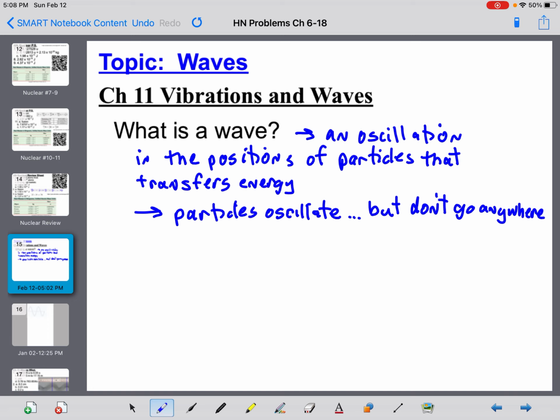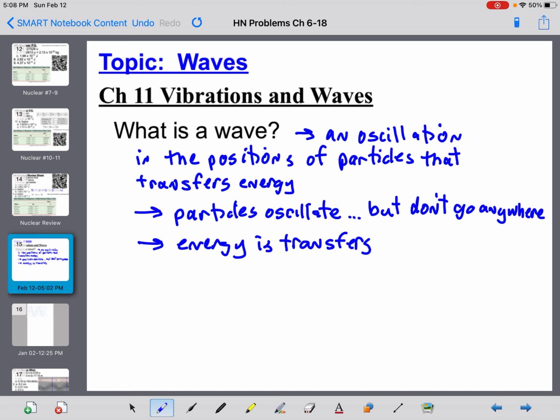You didn't move anywhere. However, energy itself is transferred. So a wave transfers energy and uses matter sometimes. Sometimes it doesn't. But it transfers energy and not matter.